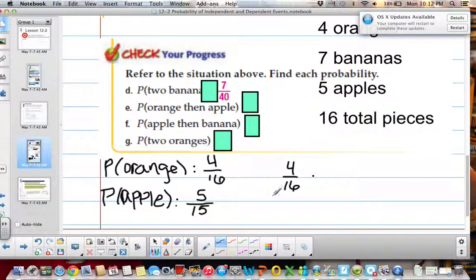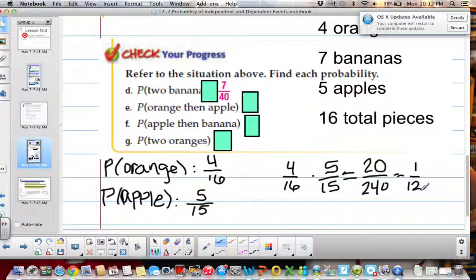I better just stop and have you guys do the rest of the problems on your own. So we would have 5/15. Okay, we multiply together and we get 20 over 240. And then we can simplify that down to, we can divide 240 by 20, and we get 12. 20 divided by 20 is 1.